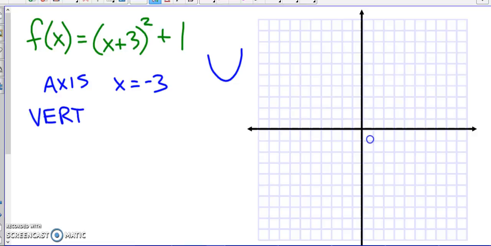All right, so the vertex is negative 3, 1. So I can go ahead and plot that. Negative 3, 1 is right there. Next thing we have to look for are the x-intercepts, right? How do we do that?